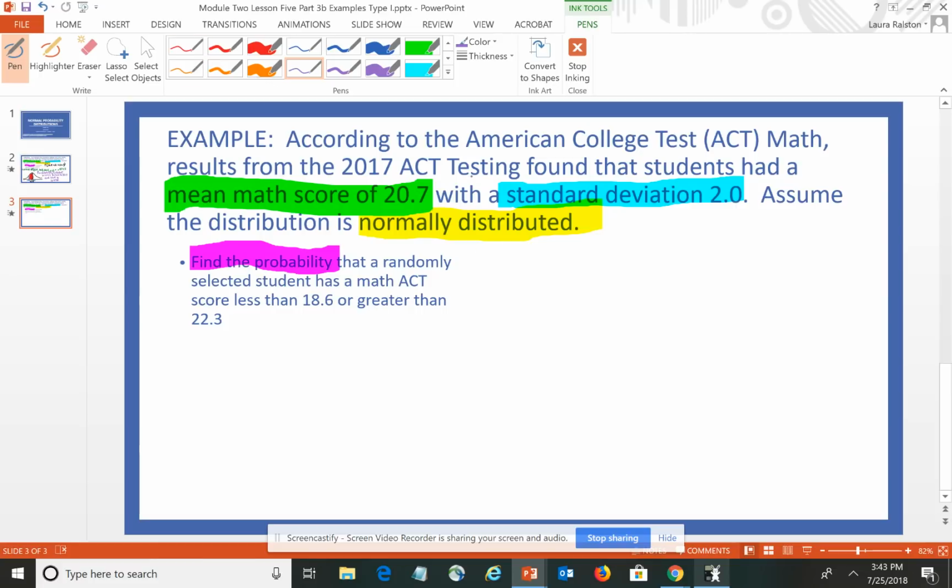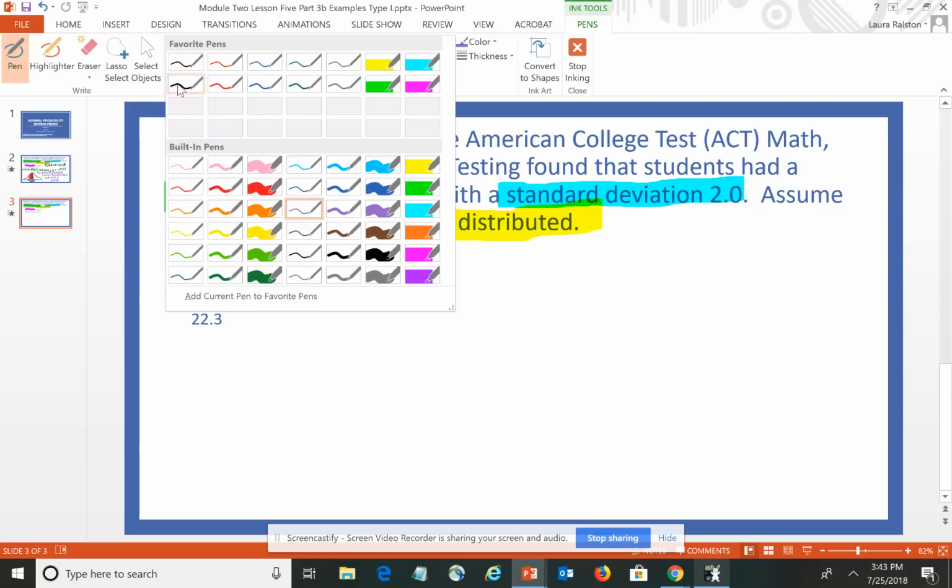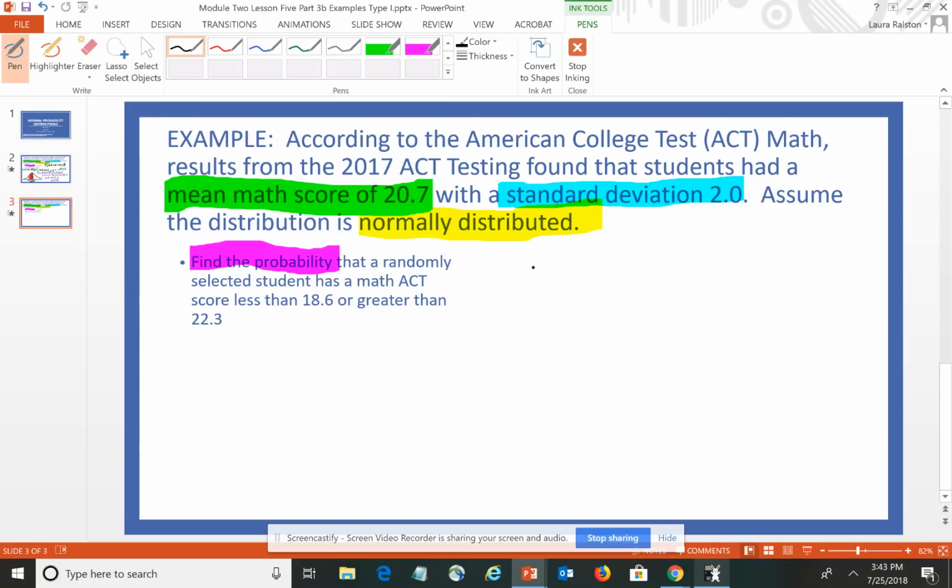But again, if you see it written in symbols, you'll see it written this way: the probability that my score is less than 18.6 or my score is greater than 22.3. Again, it'll help you if you create the visual.